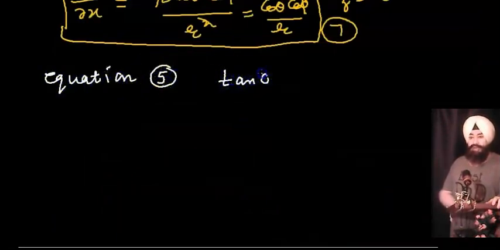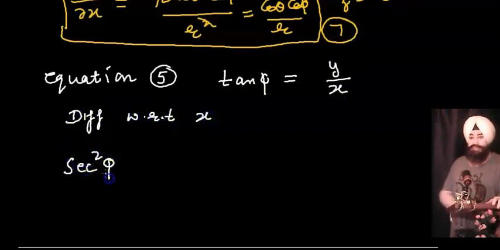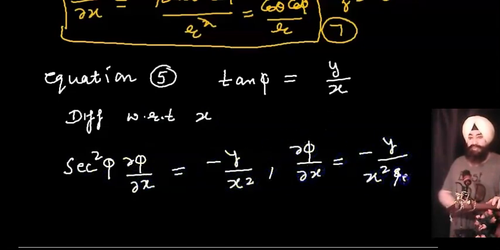Now equation 5 was tan phi equals y upon x. Differentiating with respect to x, secant square phi curly phi by curly x equals minus y upon x square. So this is the value of curly phi by curly x.